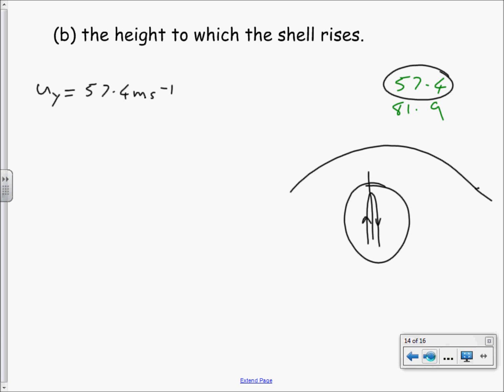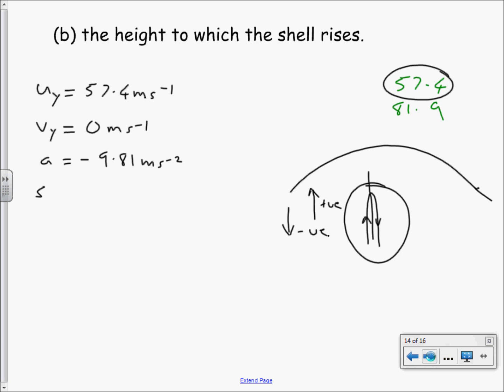The velocity at the top, Vy, is 0. Because I've called u, which is upwards, a positive velocity, then acceleration, which is downwards, I'm going to have to call negative. So acceleration equals negative 9.81 meters per second squared. And what are we trying to find?